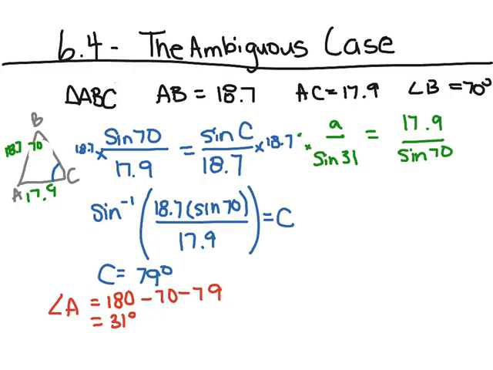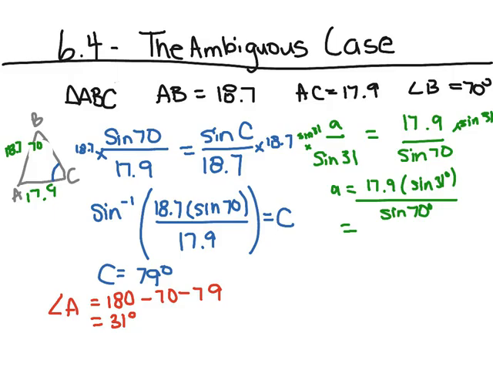Multiply both sides by sine 31, and we get A is equal to 17.9 times the sine of 31 degrees divided by sine of 70 degrees. And you should get, to the nearest decimal, 9.8 centimeters.